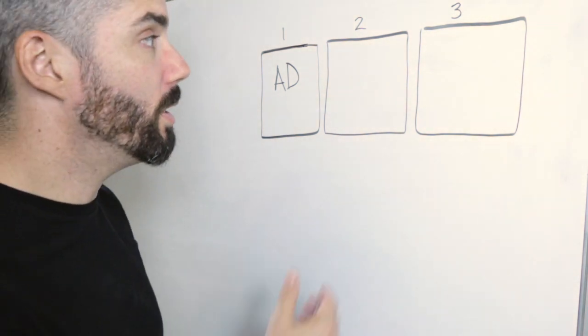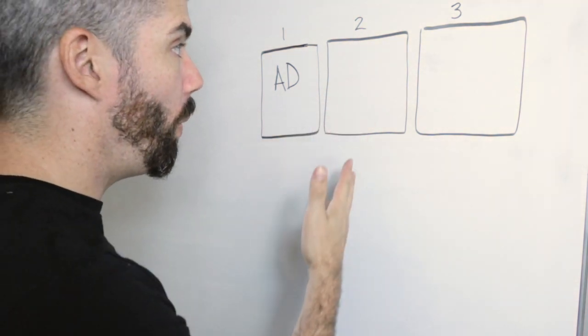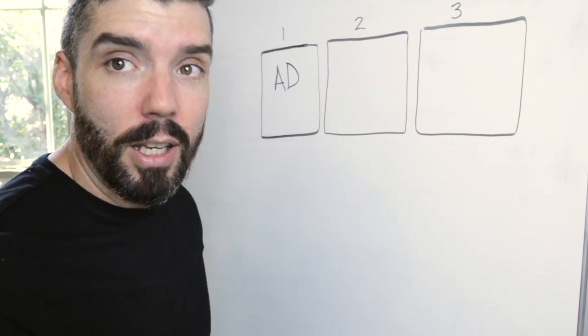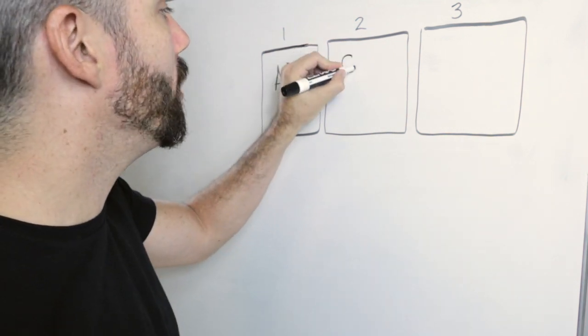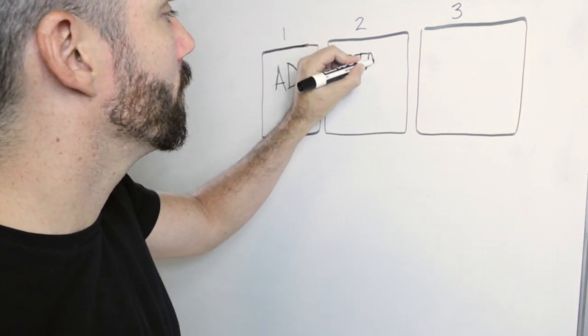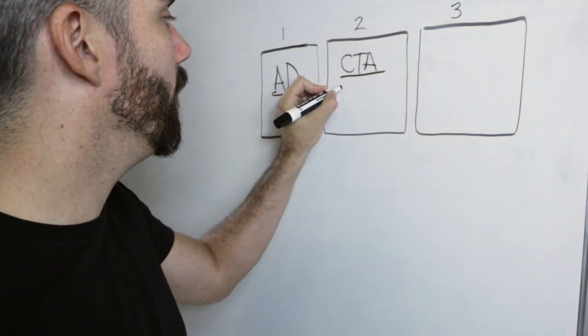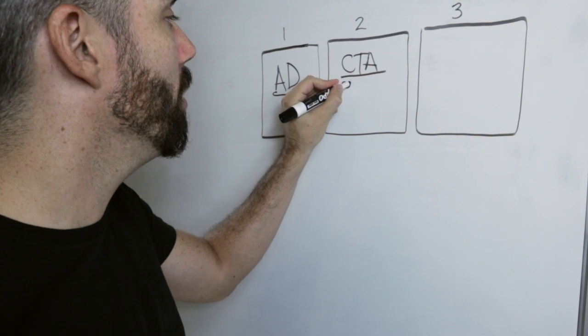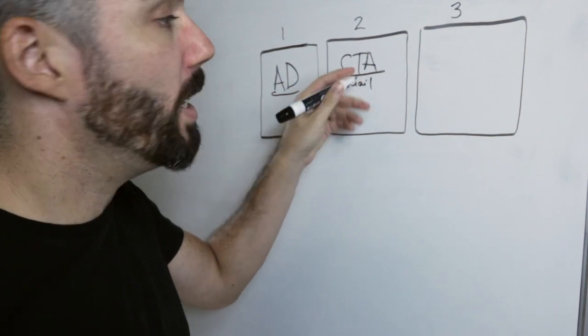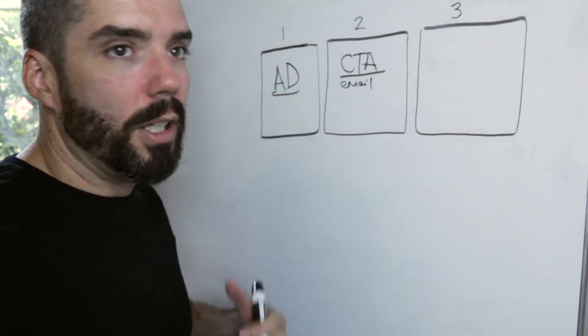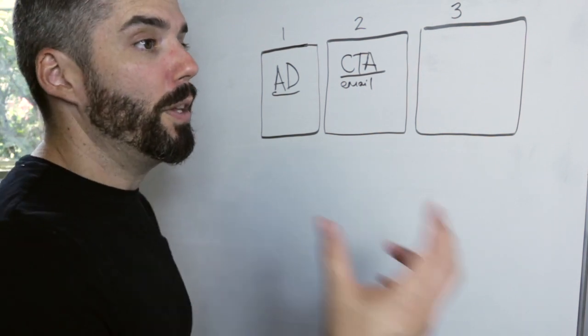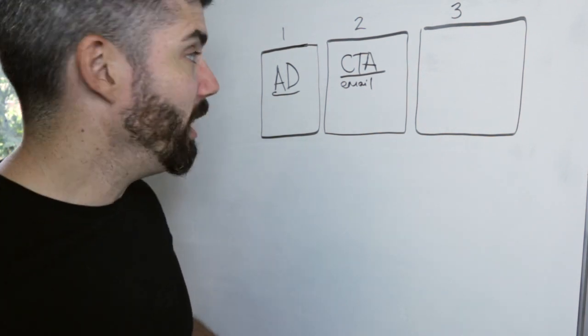Step number 2, this is going to be your landing page, your website, your information, and there's going to be a call to action here. Now it could be give me your email, where you trade an email for an ebook, get someone on your email list, offer them something cool to bribe them to get on your email list.